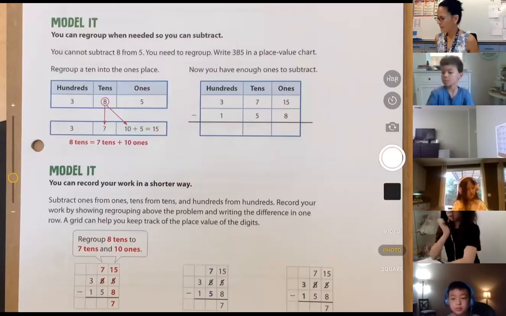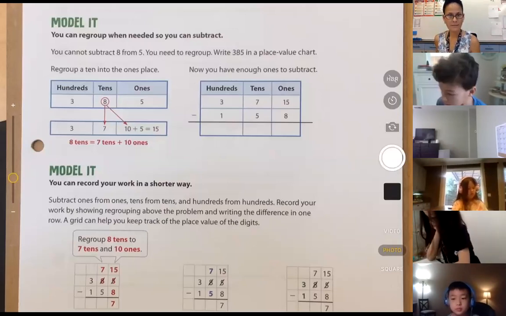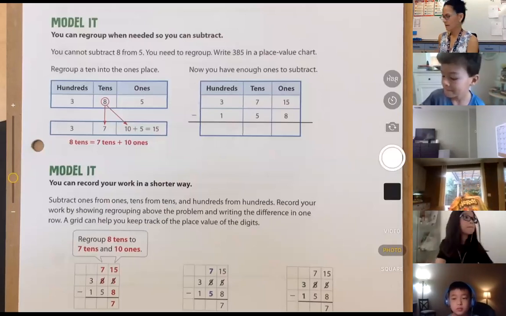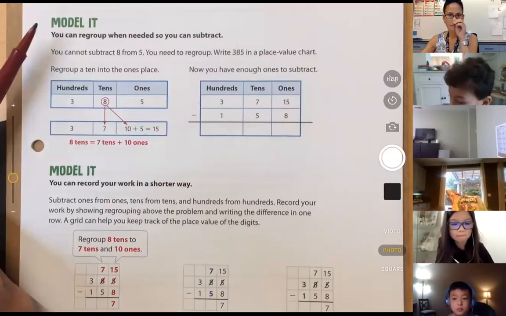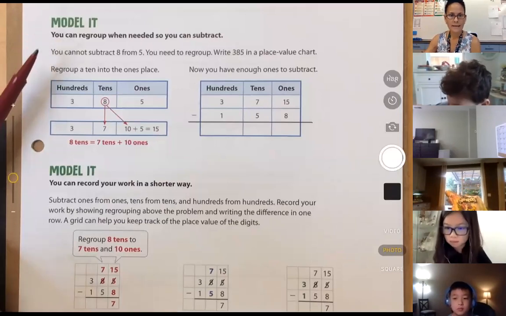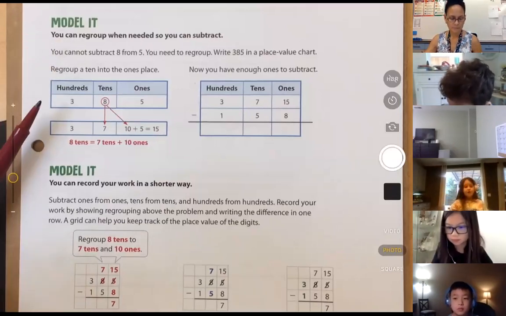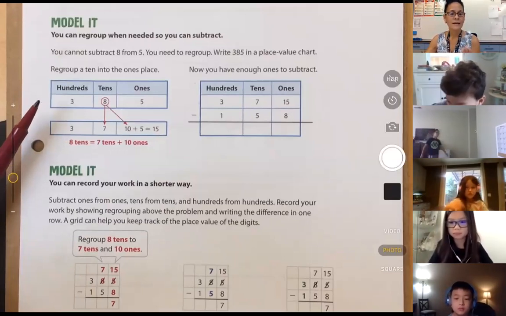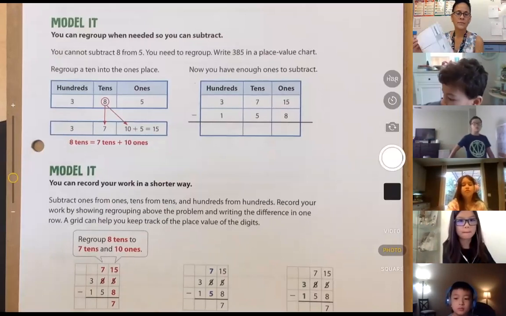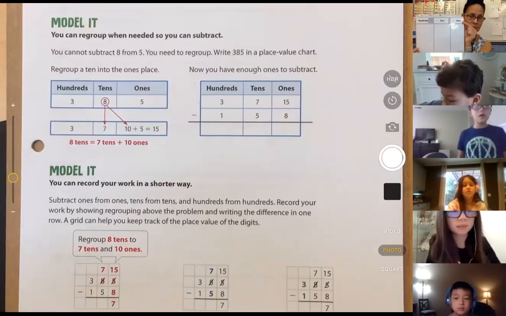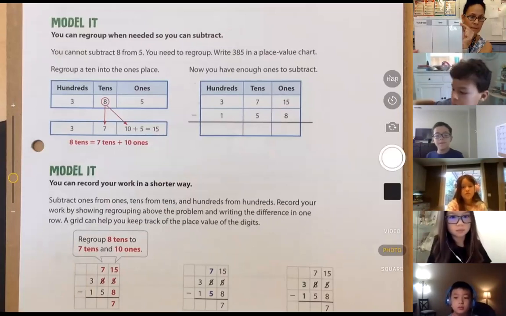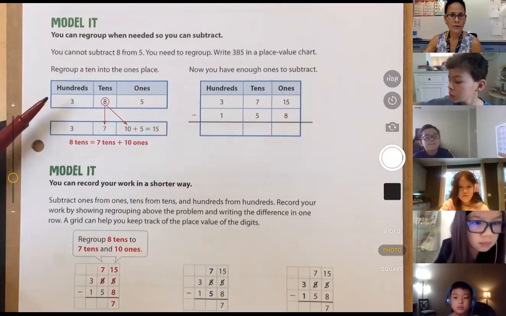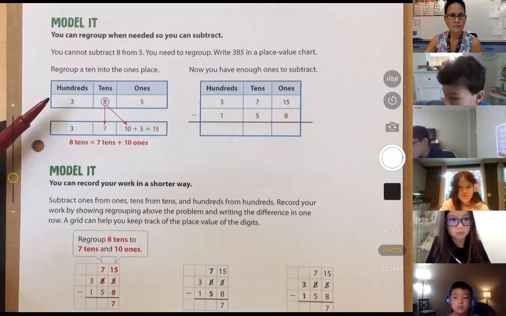Again, friends, I am on page 66. We are specifically looking at the modeling. It is taking the problem from page 65 and showing you in another way, this time using our place value mats. Okay, so you will see 385 is here.